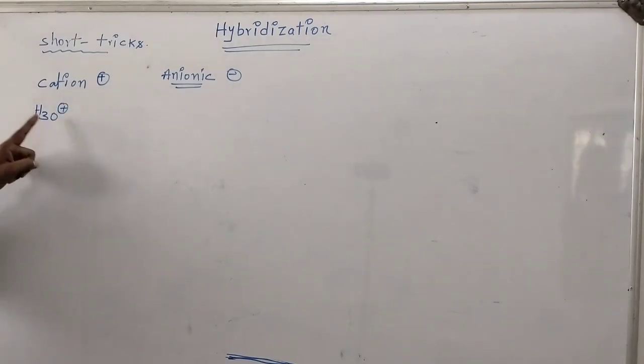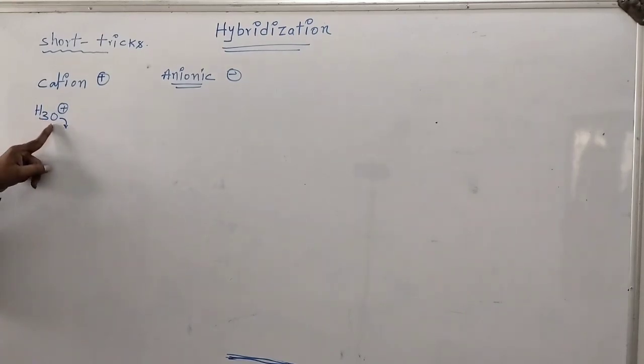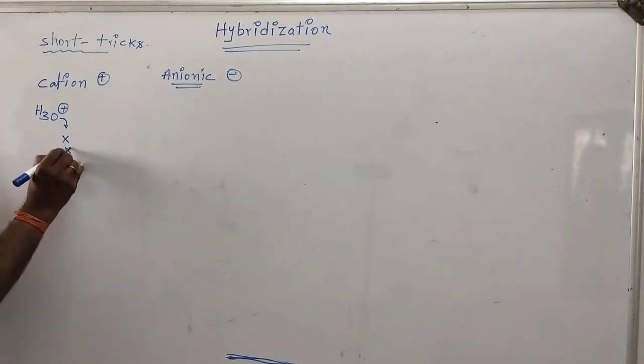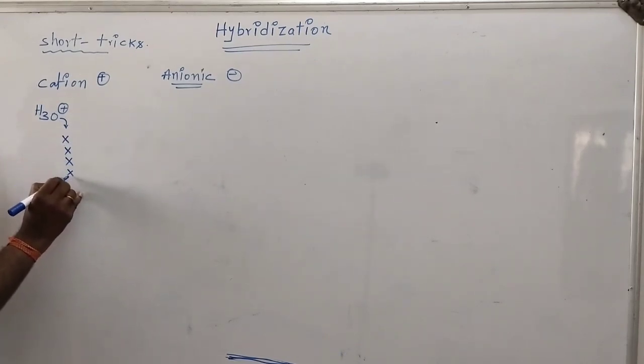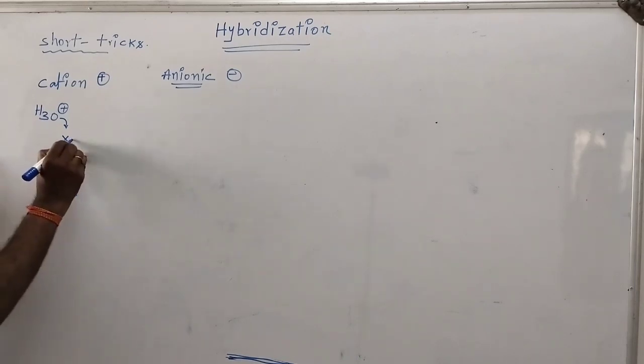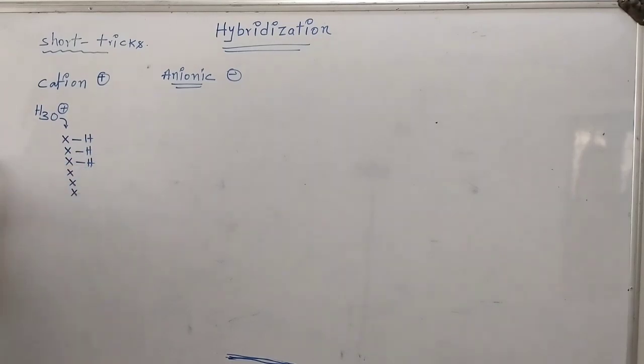So for example, H3O plus, hydronium ion. Here we take the group number or valency of the central atom oxygen, 1, 2, 3, 4, 5, 6, sixth group element, and hydrogen valency 1, 2, 3.